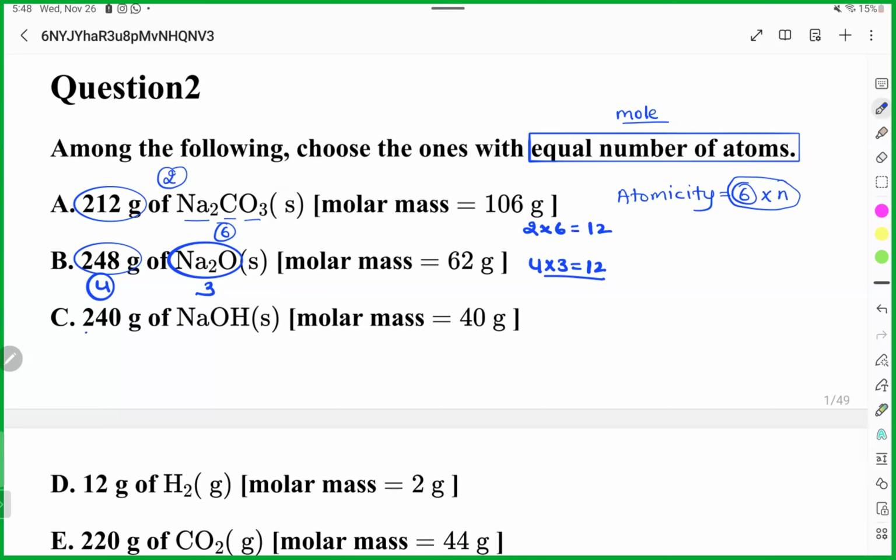Third case, Pratigya, what is the number of moles? 40 by the molar mass of NaOH, 40, it is written here, 6, right? What will be the total number of atoms? 18. Why? Sodium is one atom, oxygen is one atom, hydrogen is one atom. What is the total number of atoms? 3.